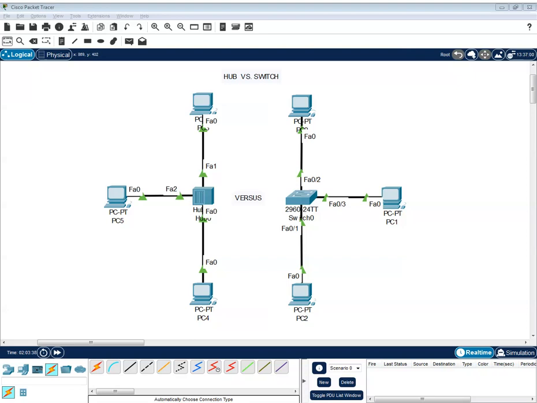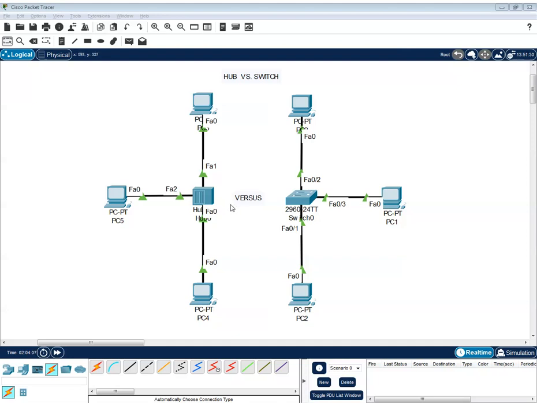Another important thing in the comparison between hub and switch is cost. A switch is a bit more expensive than a hub due to its advanced functionality and better performance.